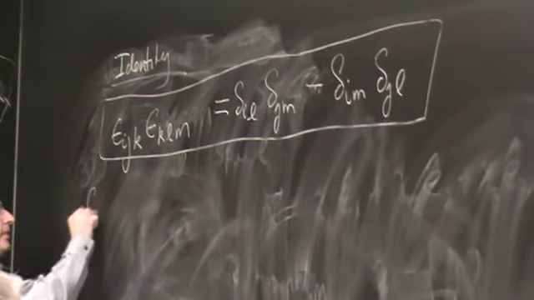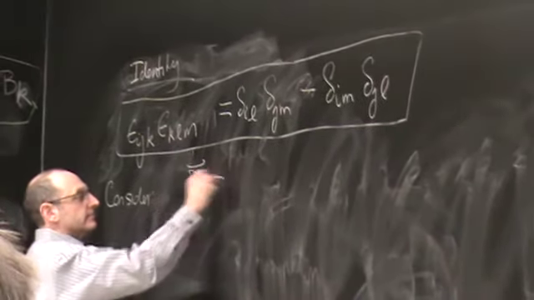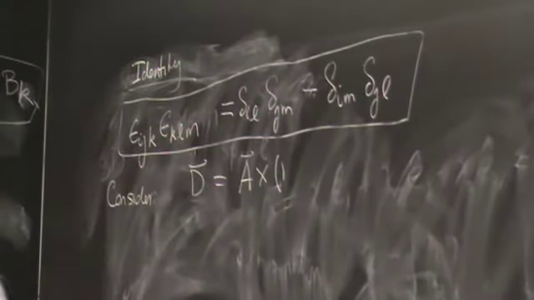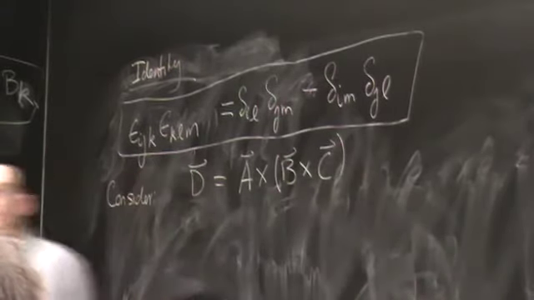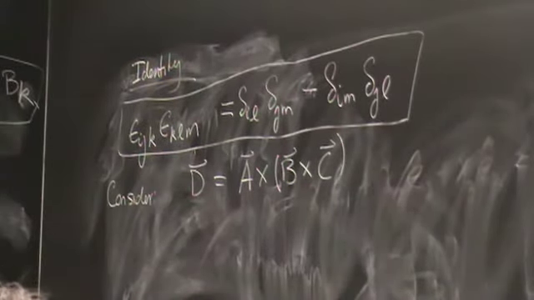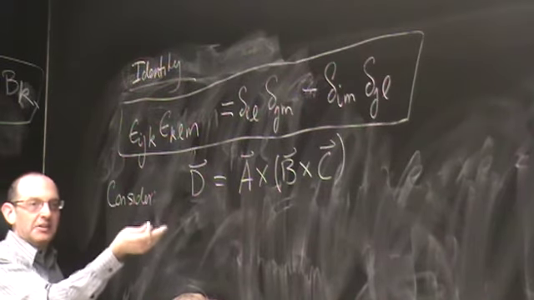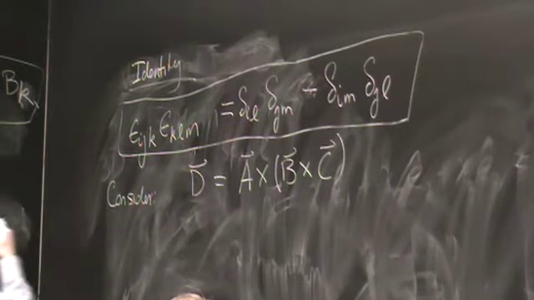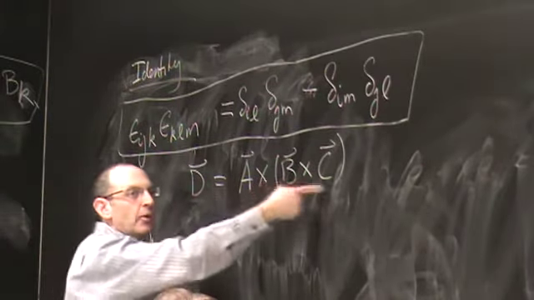Consider the vector triple product, A cross B cross C. Suppose I wanted to simplify this, and I didn't remember BAC minus CAB. Now you remember BAC minus CAB. Let's see how that goes. So what I want to find is the ith component of this vector in terms of the components of these vectors.